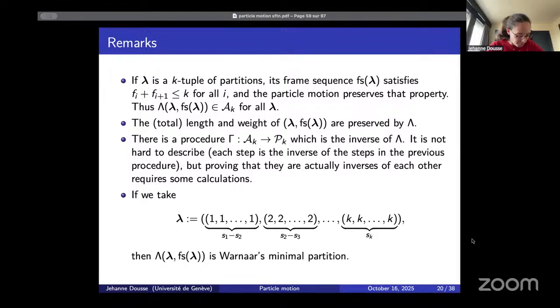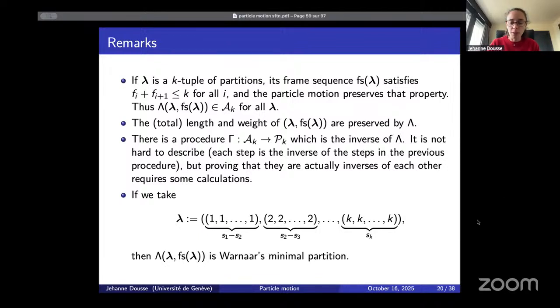An interesting remark is that if you want to find Warner's minimal partition, you can obtain it from our frame sequence by considering this very simple k-tuple of partitions. If you apply lambda to this k-tuple of partitions and our frame sequence, what you get is the minimal partition of Warner.